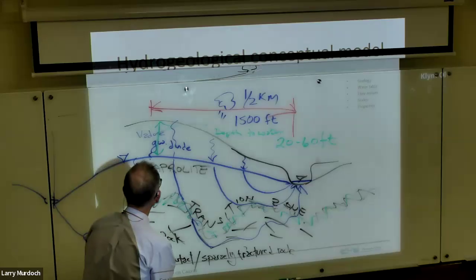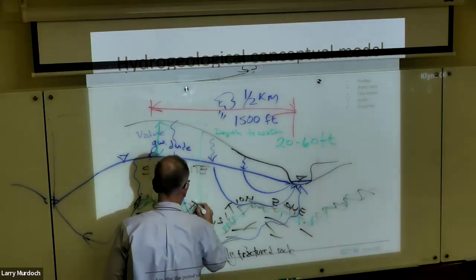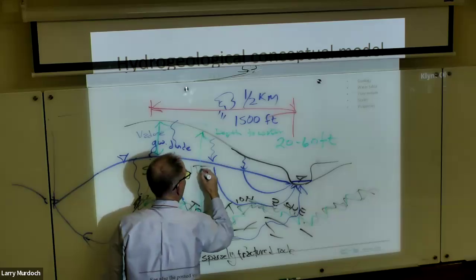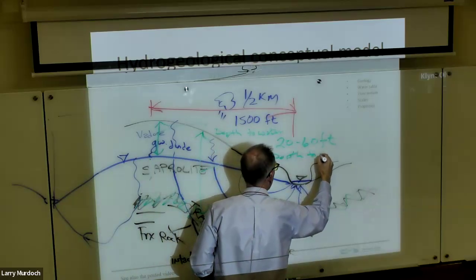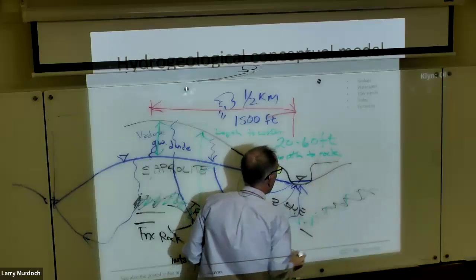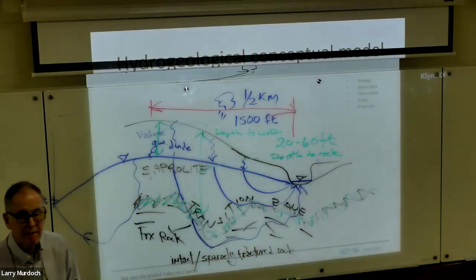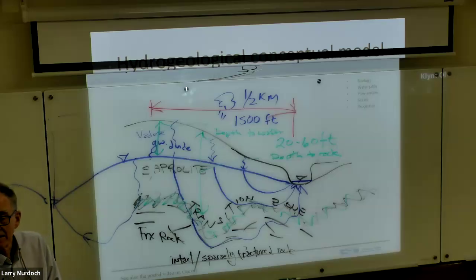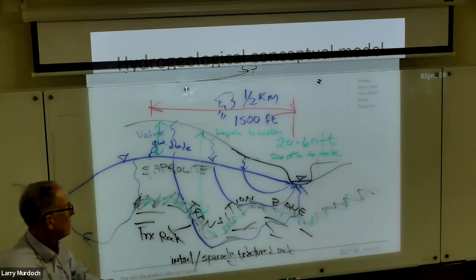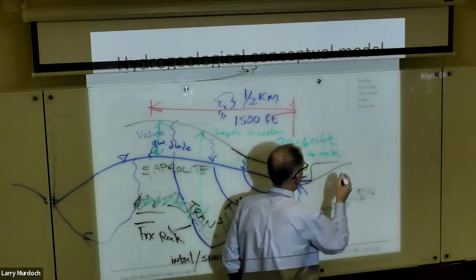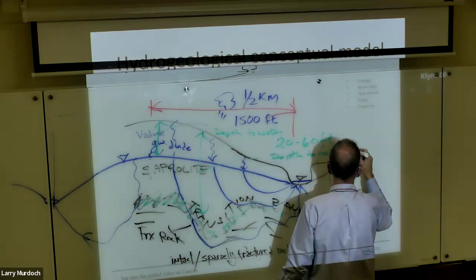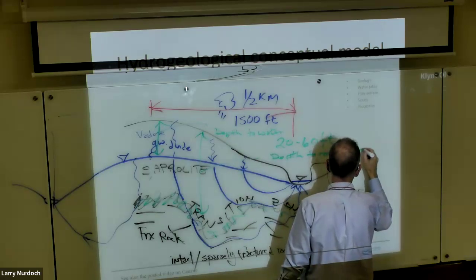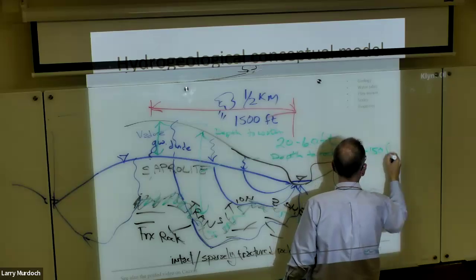So I guess another scale is going to be depth to rock. I think what it says is up to 150. I think I said on the previous slide 10, something like that, 20 maybe to 150 feet.